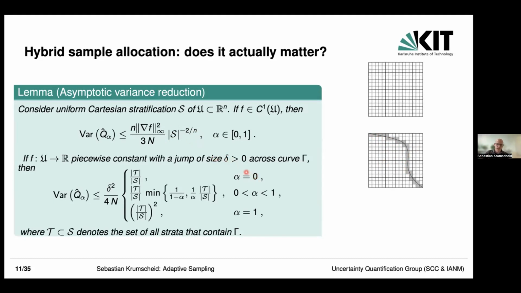So this is the number of strata we have in total, and T is the set of strata that contain our jump discontinuity, this gray area here. The details are not important. What's important is the power to which this object is raised.